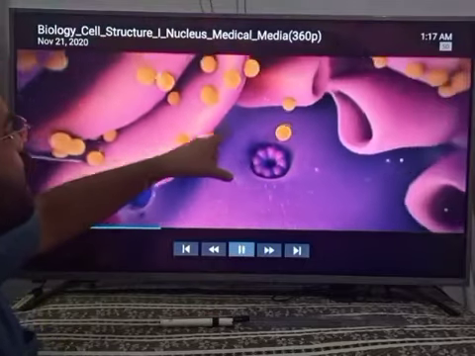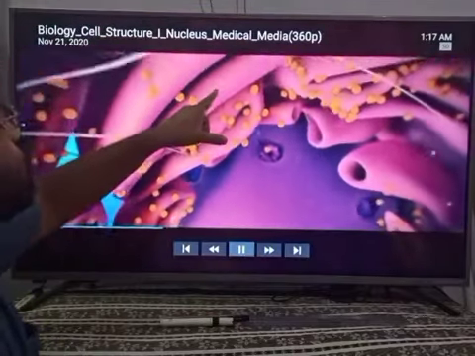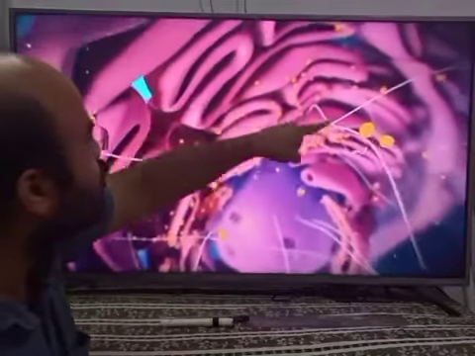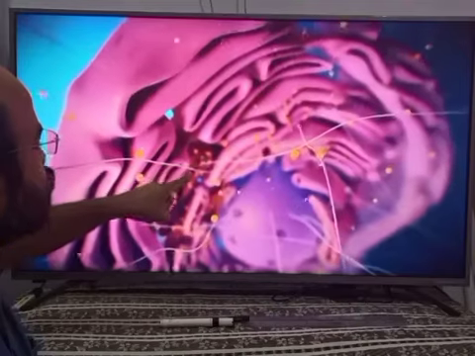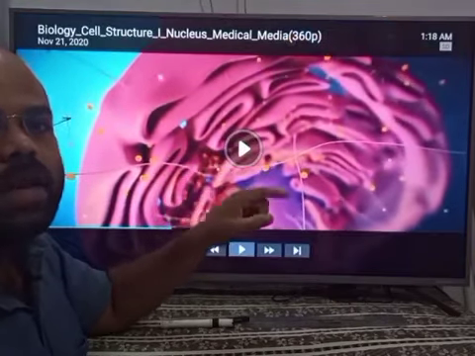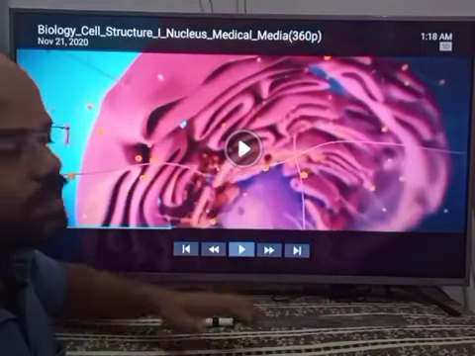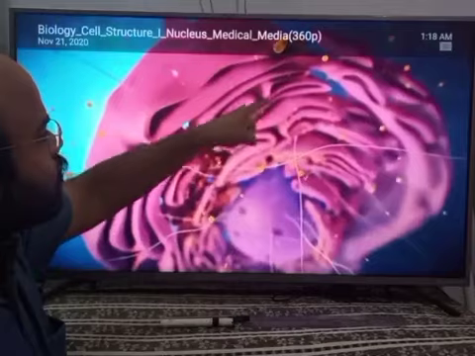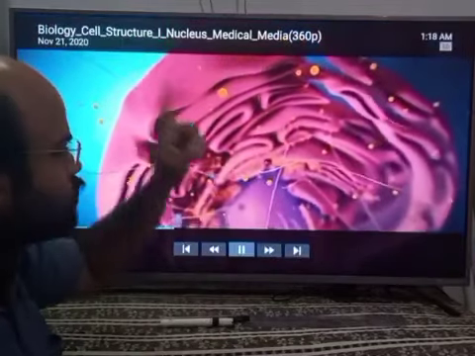and those ribosomes are released from the nucleus through the nuclear pore and attached to the endoplasmic reticulum, which is outside the nucleus. See, all these ribosomes are attached. I told you the main function of the ribosome: it helps in protein synthesis. So the ribosomes will attach to the surface of the endoplasmic reticulum. That is one thing.